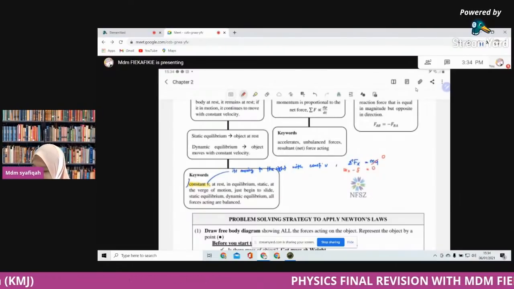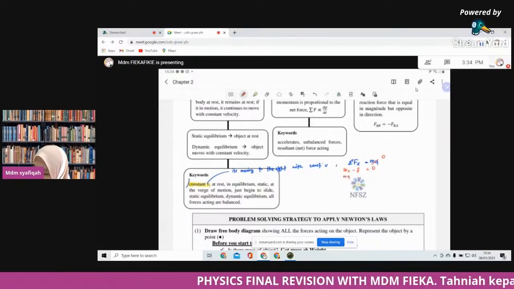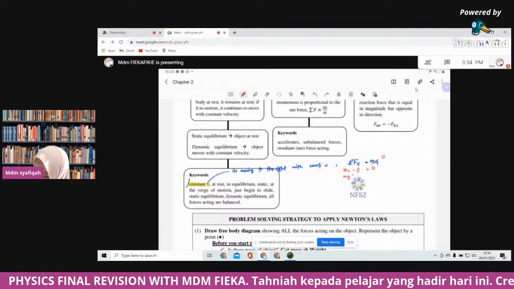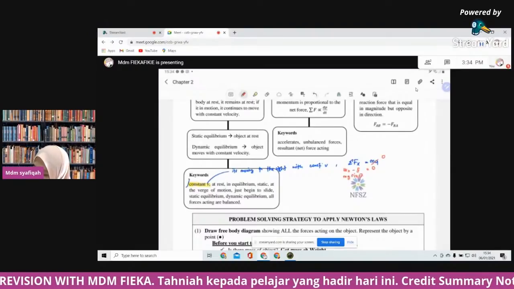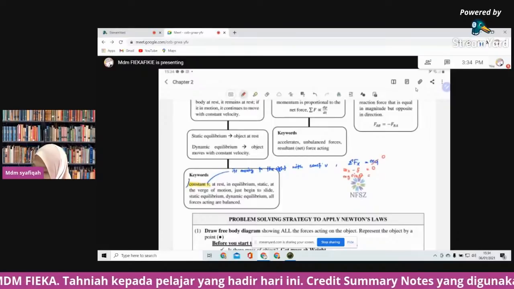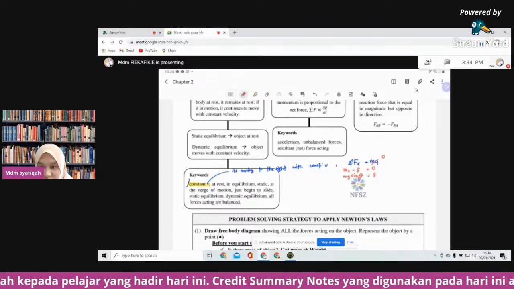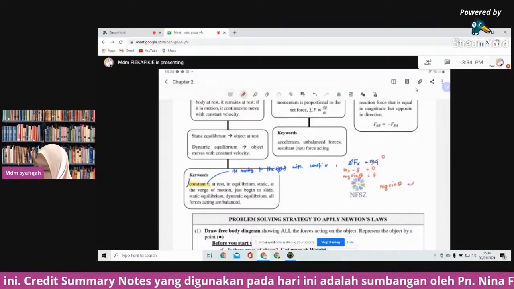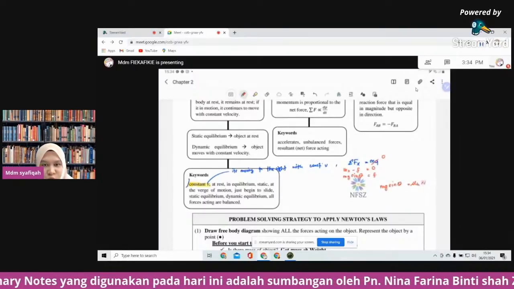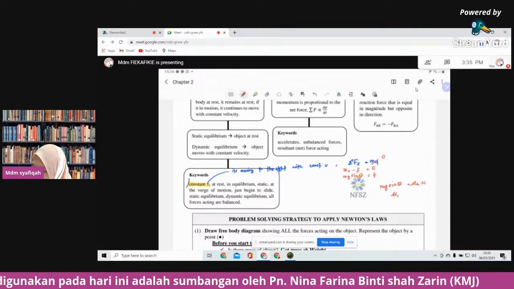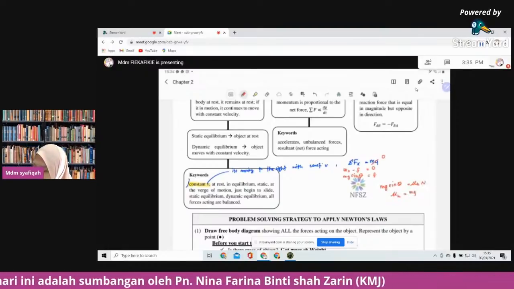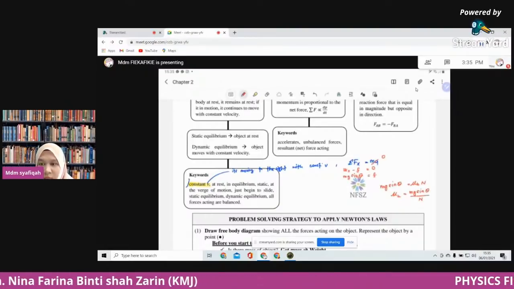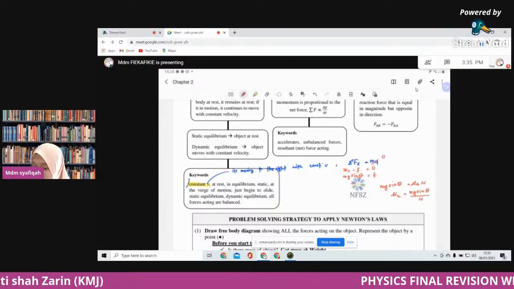Kosong lah sini. So dia akan jadi mg sin theta is equal to friction. Formula friction apa dia? mg sin theta is equal to mu kn. Soalan suruh cari mu contohnya kan. So mu k is equal to mg sin theta over n. Alamak, tak boleh selesaikan sebab tak ada normal.